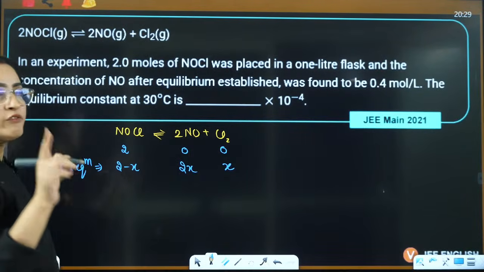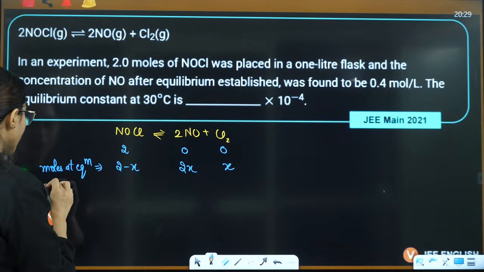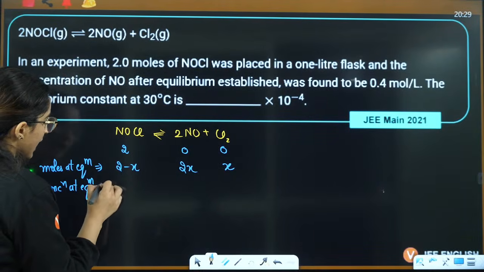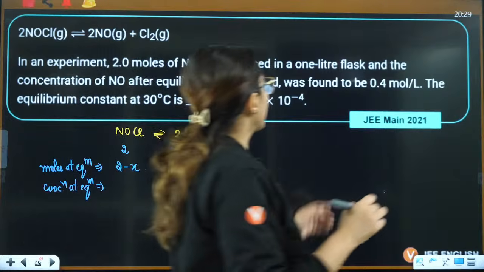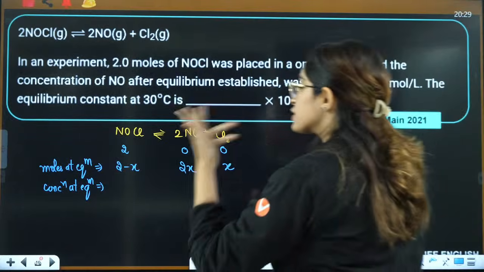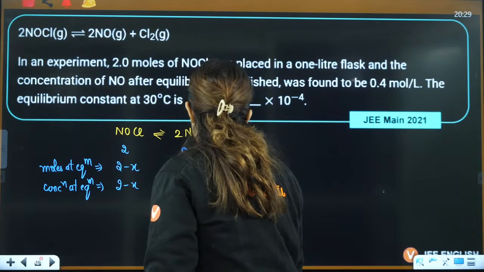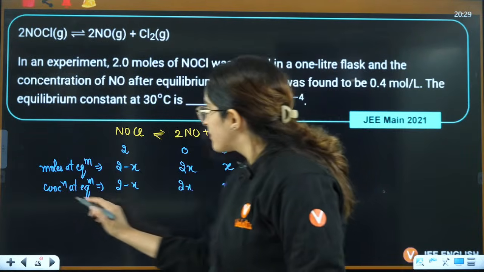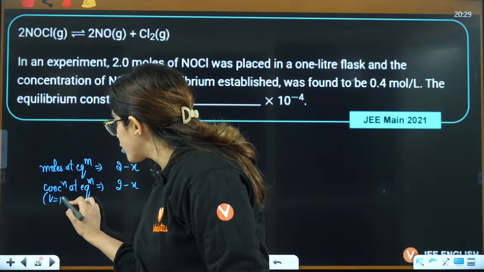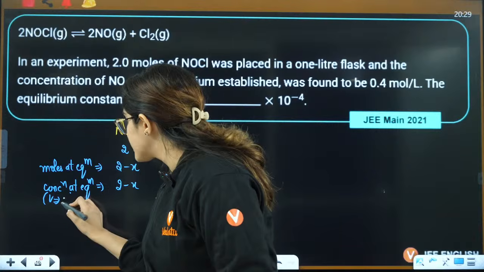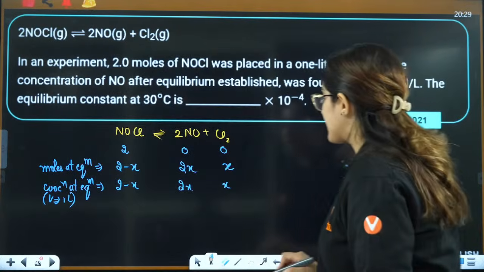Whenever you need to convert moles to concentration, you will divide it by the volume here, and volume is going to be 1 liter, so it will be the same only, that is 2 minus x, this is 2x, that is x. Why so? Because here volume is equal to 1 liter, that is the reason it will be moles and volume will be the same only, right?